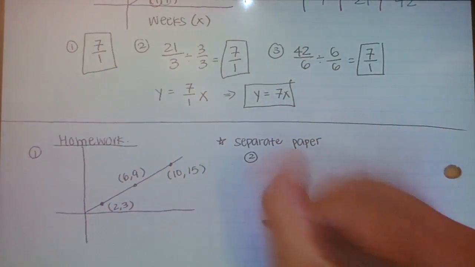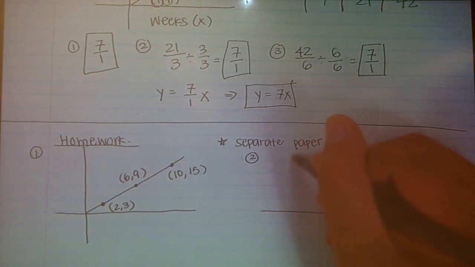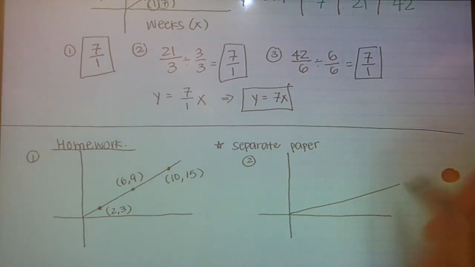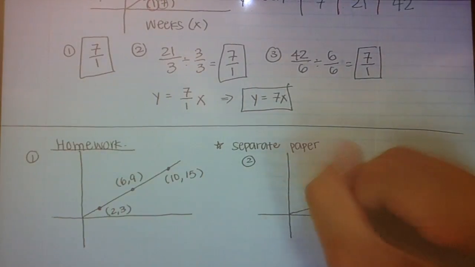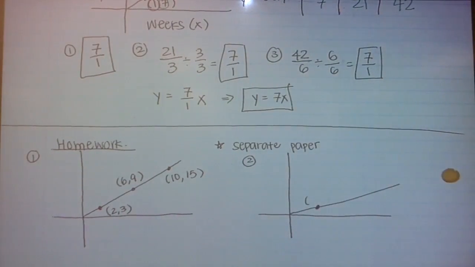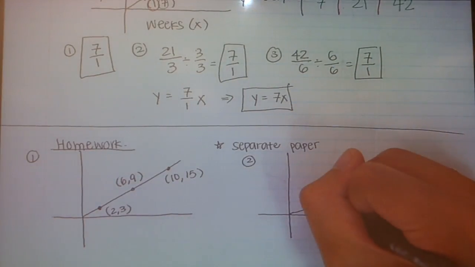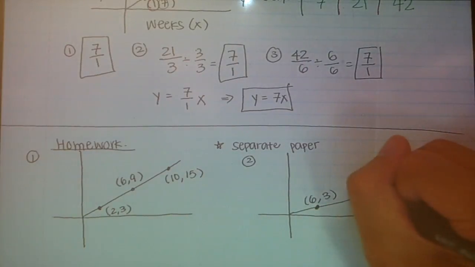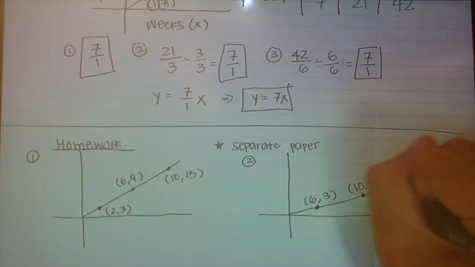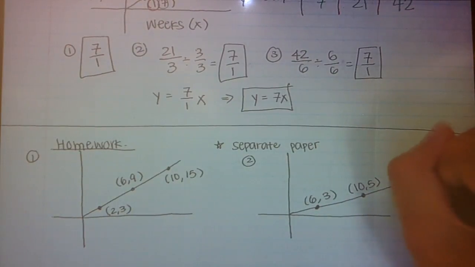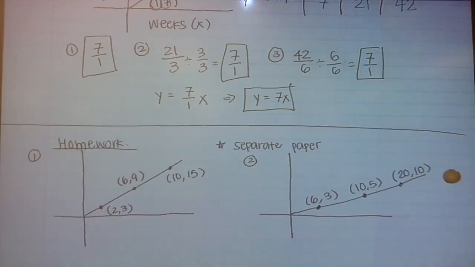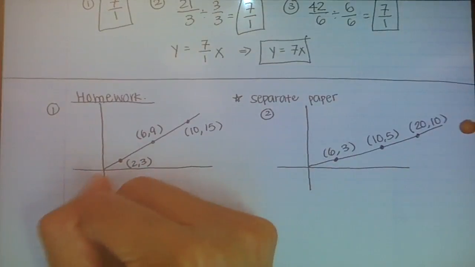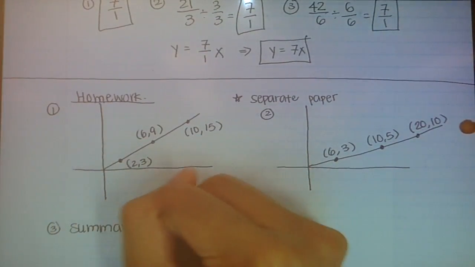And number 2. Try 6, 3, 10, 5, and 20, 10. Then I want you to write a summary of at least 3 sentences.